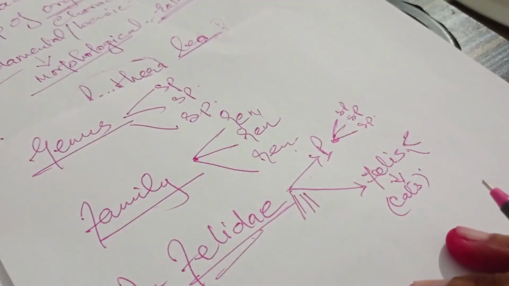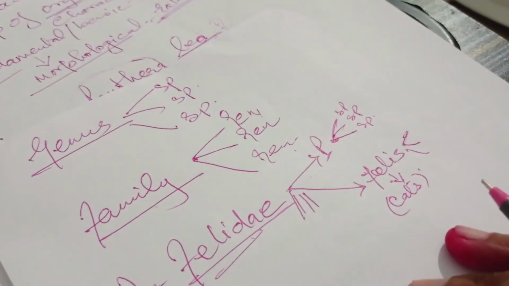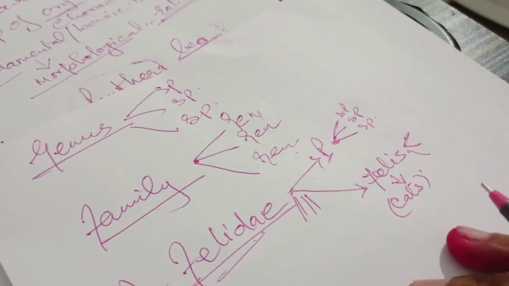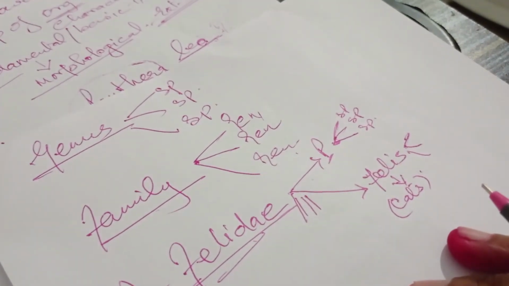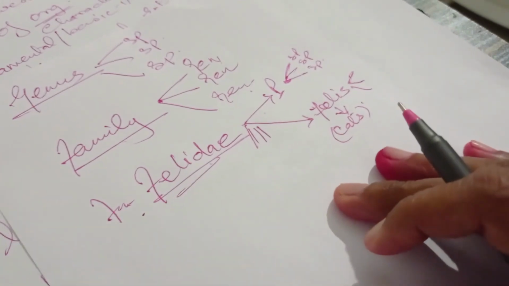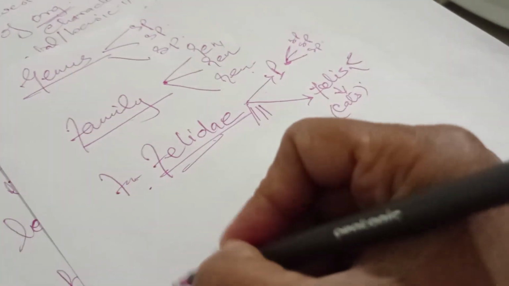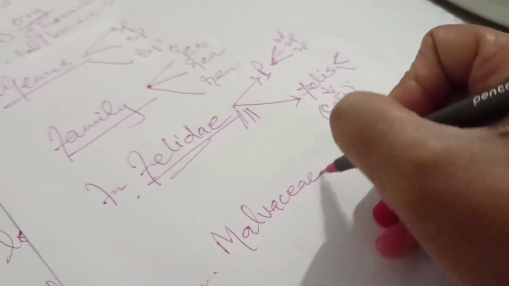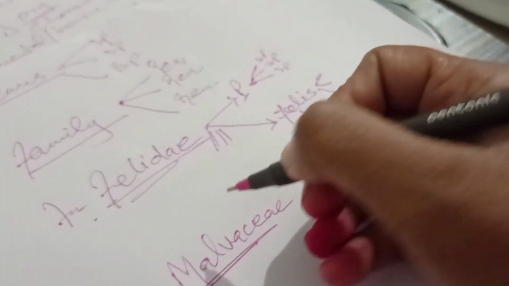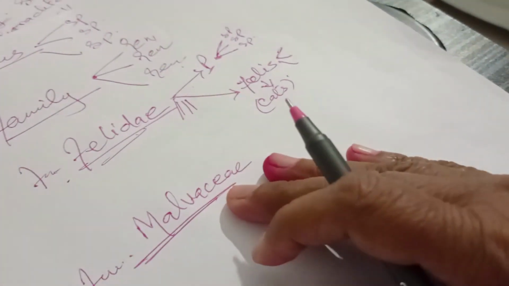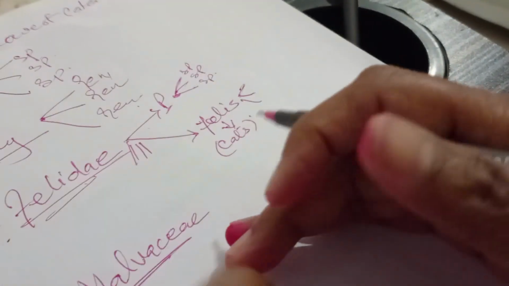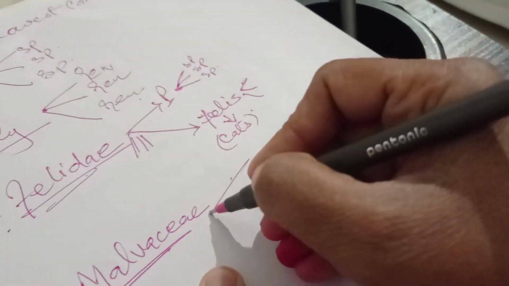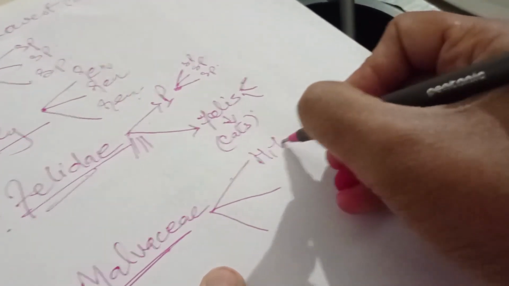Similarly, if you go through the plants, you will find that each family includes many genera. For example, in plants we have the family Malvaceae. All this you will study further, but here just for explanation. Family Malvaceae includes many genera, a few such as hibiscus.